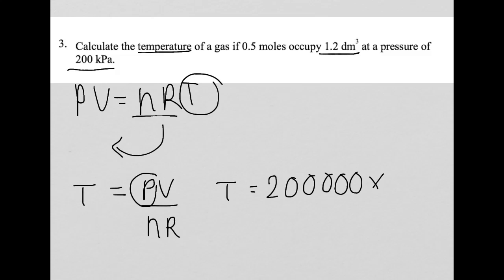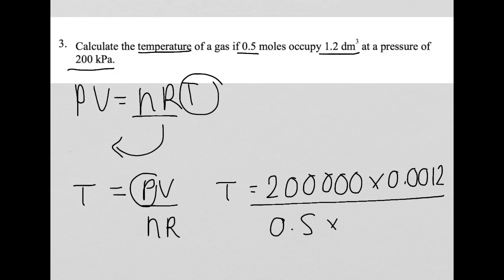Remember, we need that in meters cubed, so we divide by 1000 this time. So 1.2 divided by 1000 is 0.0012. And then we need to divide it by the number of moles given here, which is 0.5, times by the constant, which we know is 8.31. And if you work that out on the calculator, it will give you an answer of 57.76.